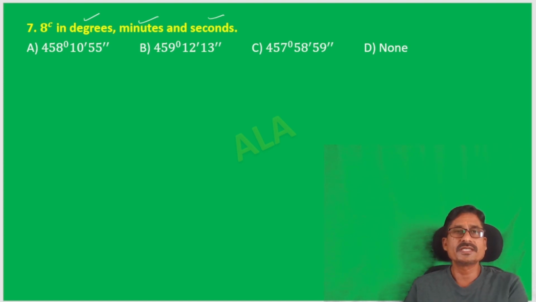Now, the given angle is 8 radians. So, radians are converted into degrees, sexagesimal system, so what is the ratio we have to multiply? 8 radians is equal to 8 multiplied by 180 by pi degrees.